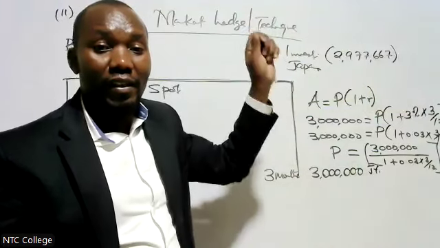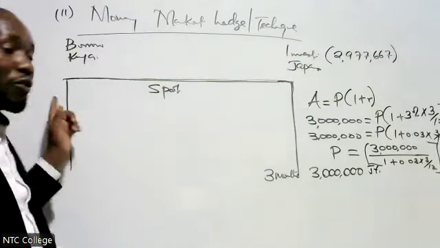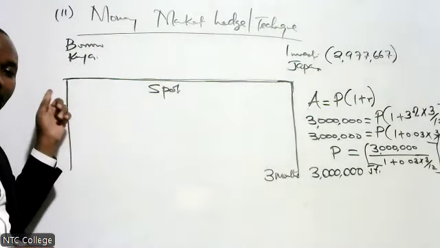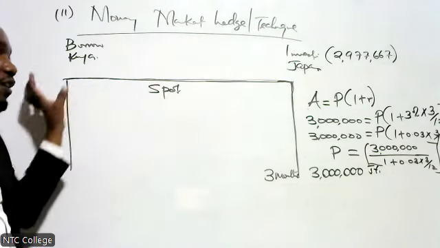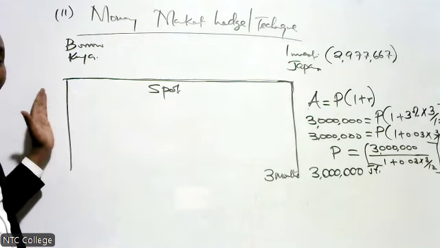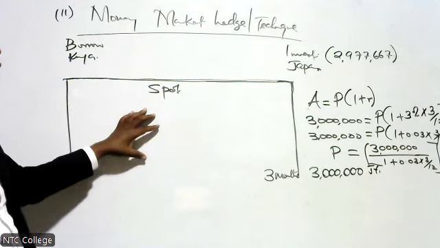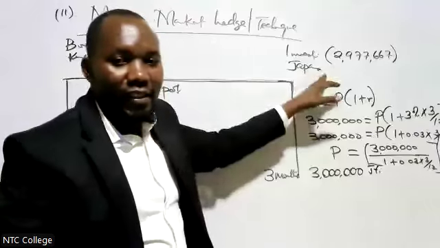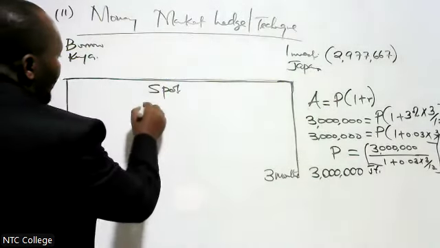So the bank will sell to you Japanese yen. When you are borrowing, you don't borrow in Japanese yen. You borrow in Kenya shillings, then convert to make it Japanese yen. So you borrow locally, in local currency, convert it so that you can go and invest it. So that is the role of the bank.